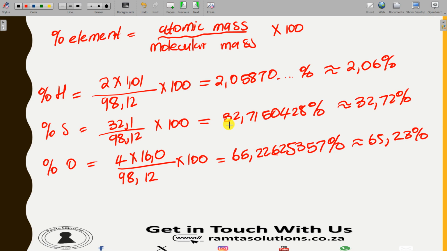When I look at it, it is 99.9999. This is roughly 100, right? So this is the percentage composition of each element in sulfuric acid. Can you guys see that? So this is how you do your calculations of percentage composition.